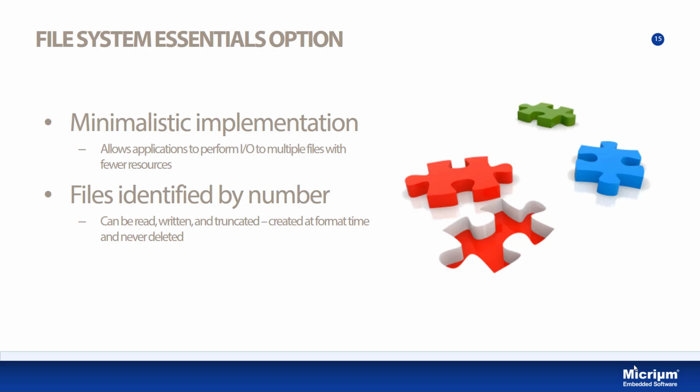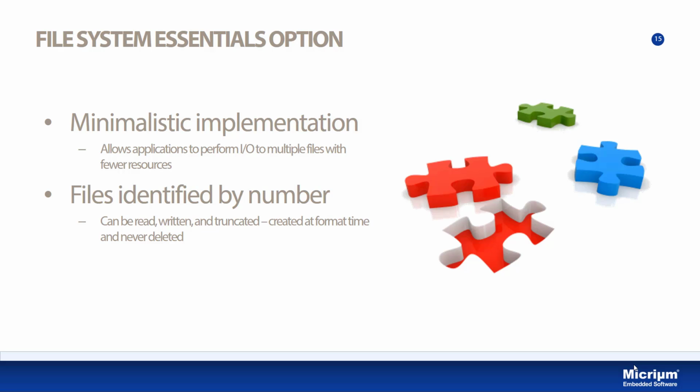Choosing how many file system APIs to support is the first option for memory efficiency. If your design doesn't need subdirectories or even file names, Reliance Edge provides what are called file system essentials. With the FSE API, files are identified by a number rather than a path and file name. The number of files is fixed at compile time, and those files are created when the volume is formatted.